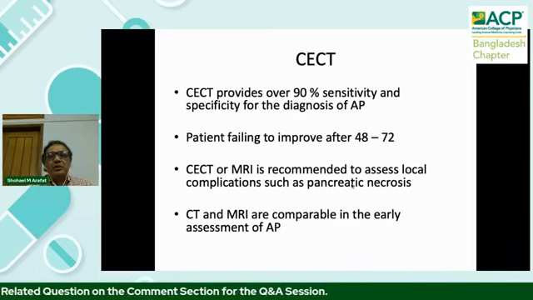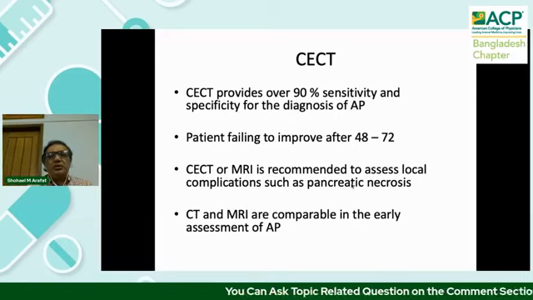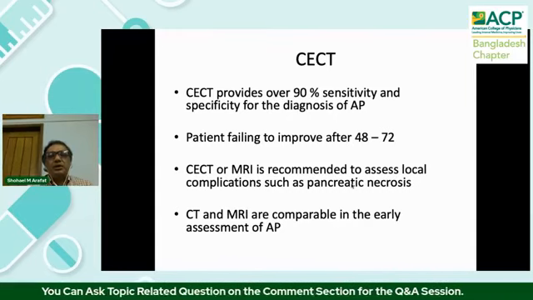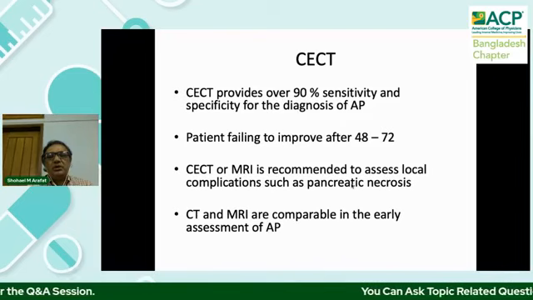It is important for those who have some sort of complication, whose condition is deteriorating after 2 to 3 days. Then we have to order a CT scan of the abdomen with pancreatic protocol. So this CT scan is not a routine investigation for all pancreatitis patients.